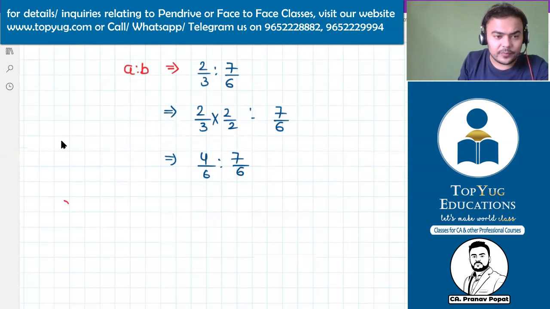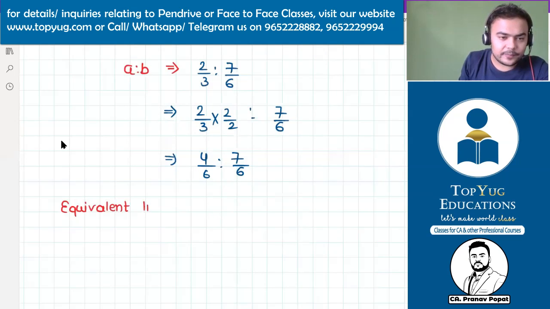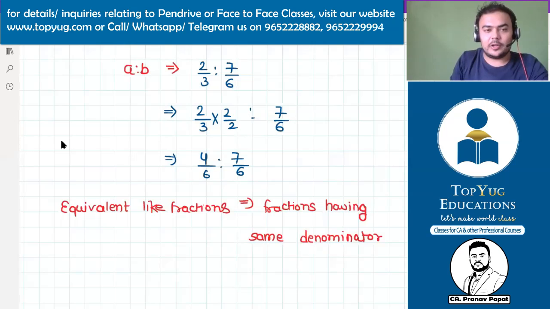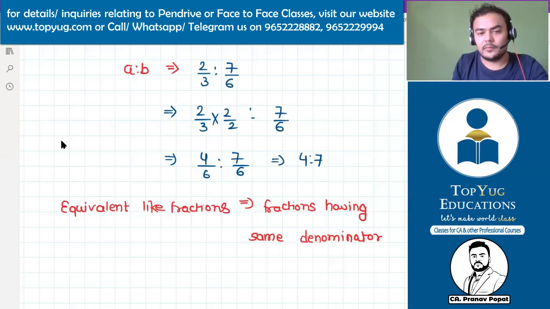So let me write here, equivalent like fractions implies fractions having same denominator. So here the denominator is same, so you can directly write it like this, 4 ratio 7. And you knew this.